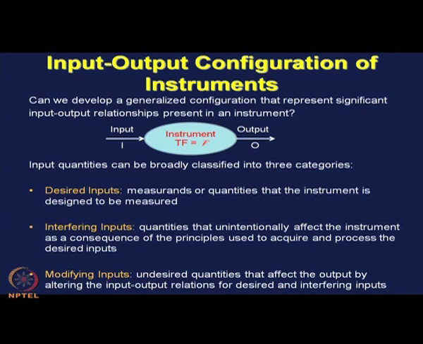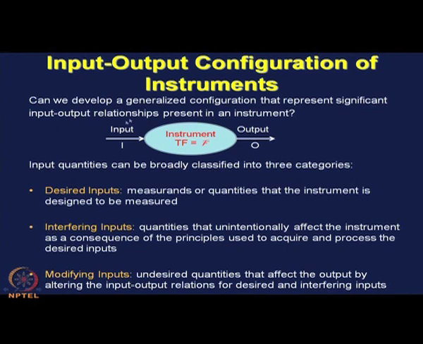Let us now move on to input output configuration of instruments. We are asking here, can you develop a generalized configuration that represents significant input output relationships present in an instrument? Let us consider this general model of an instrument.